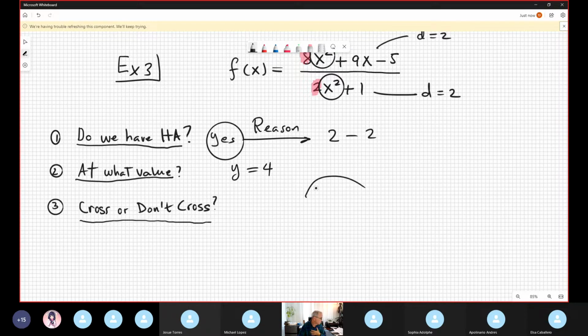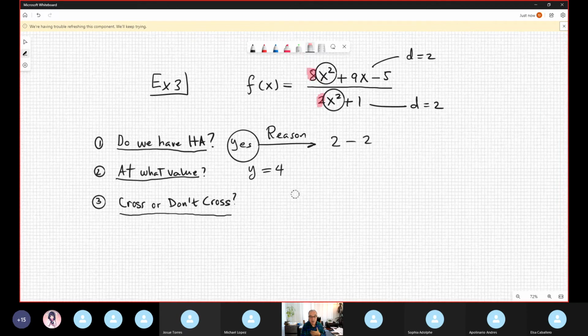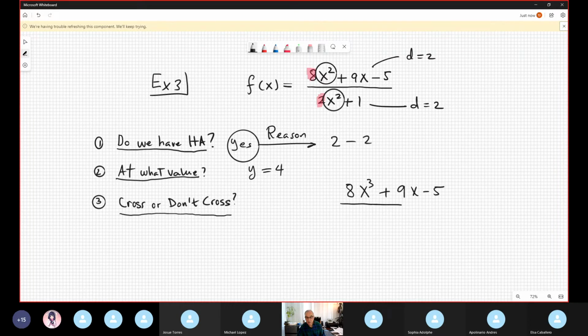So what happens if the degree is different? Sophia, I explained before. Suppose two scenarios: 9x cubic plus 9x minus 5 over 2x squared plus 1.